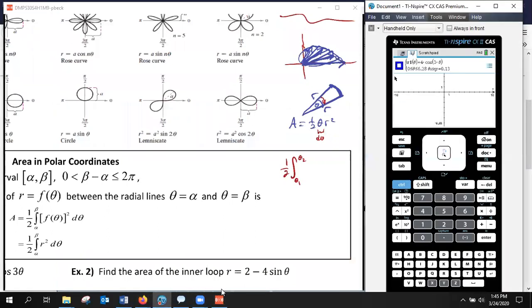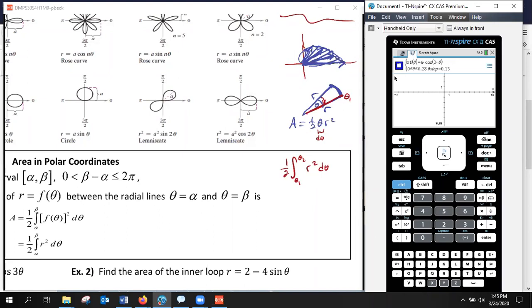We're going to say 1/2 the integral from theta 1 to theta 2, where theta 1 represents the beginning theta and theta 2 represents the final theta. We're going to say r squared, but now each theta, we're taking the limit as theta approaches 0, or d theta approaches 0. That's where we create our same formula, 1/2 r squared d theta.